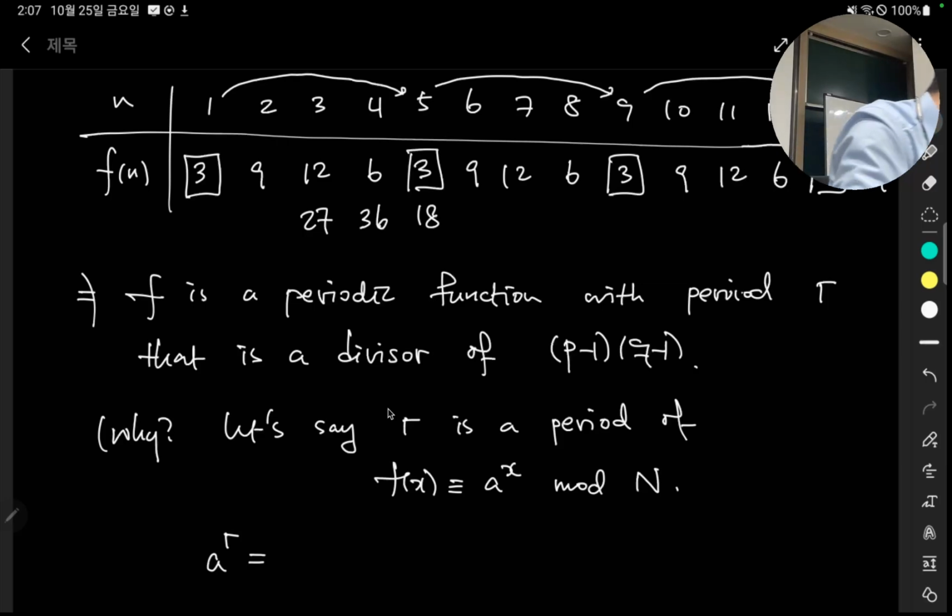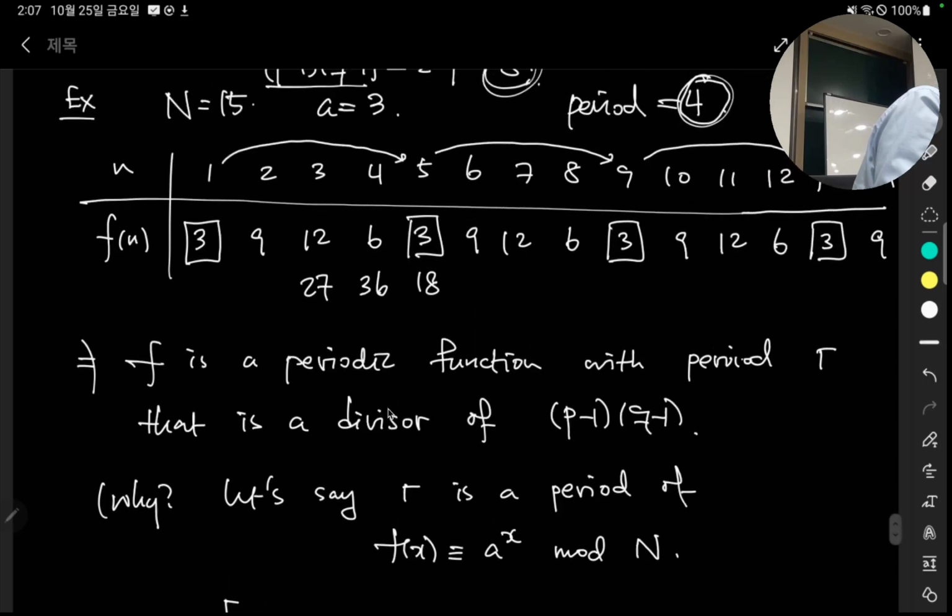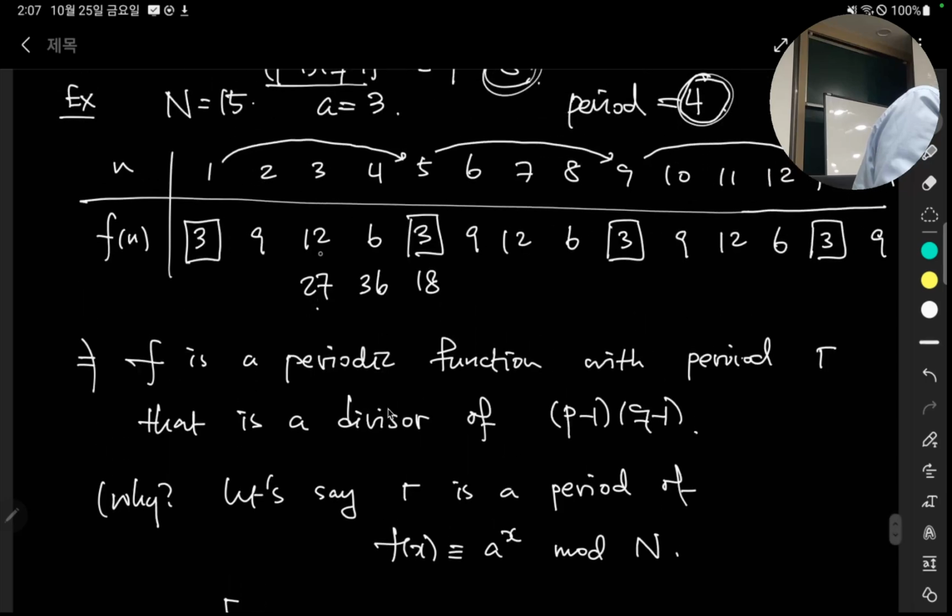So I think I should wait. I made a mistake. So 3, 9, 27, 27 is 12, 36, 6, 18, 3.